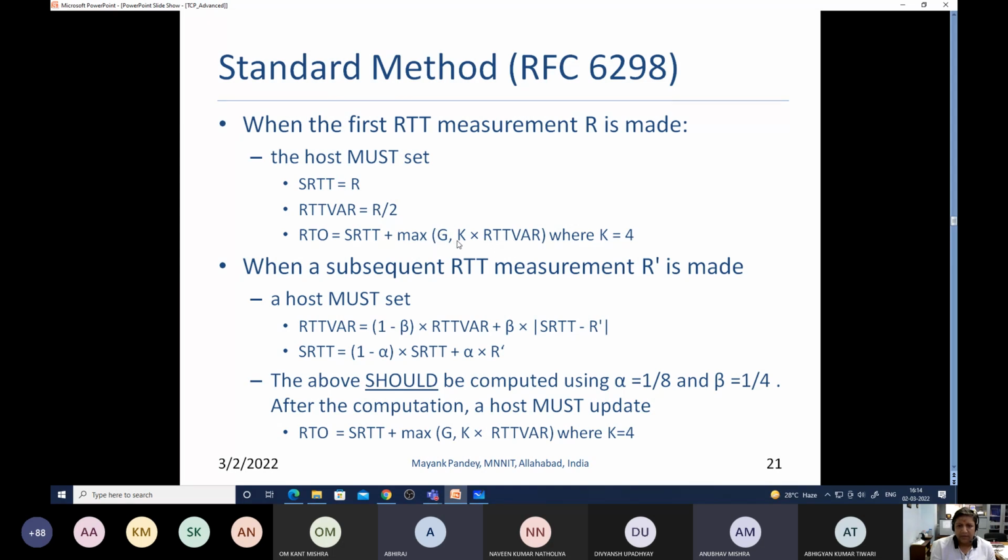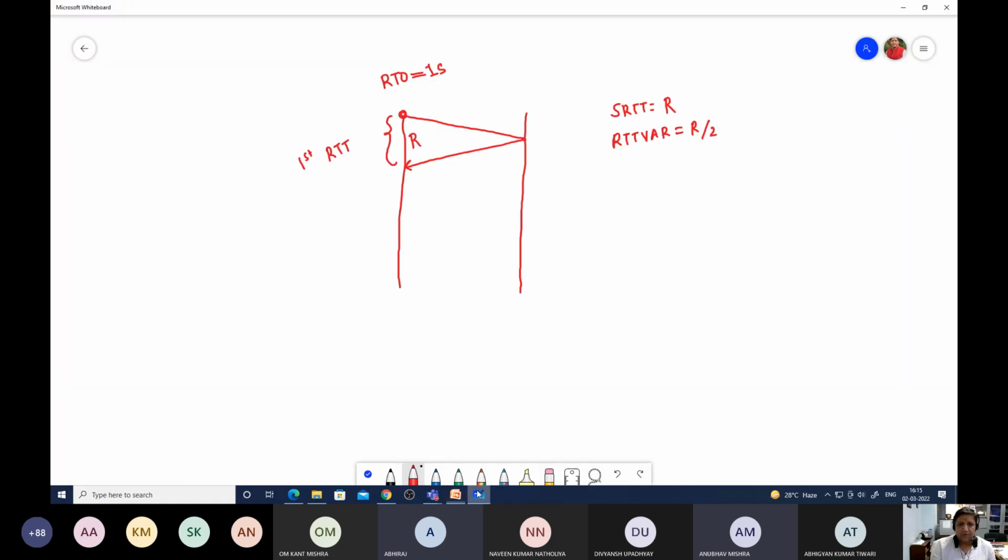G is 1 second, K is 4, RTTVAR is R by 2. You multiply it, take the maximum, and you get the RTO of this round. So in this round, putting these things in the equation, you get the RTO value.